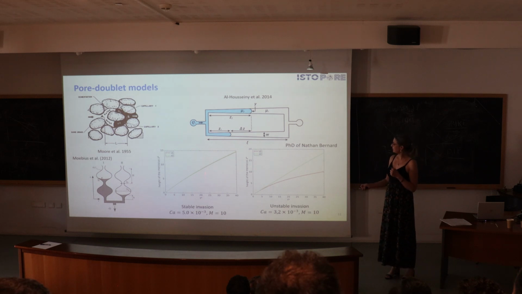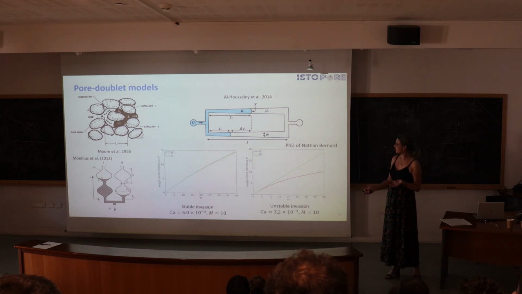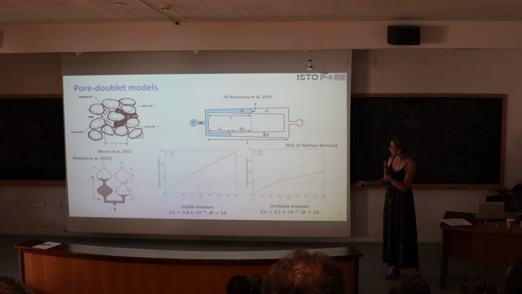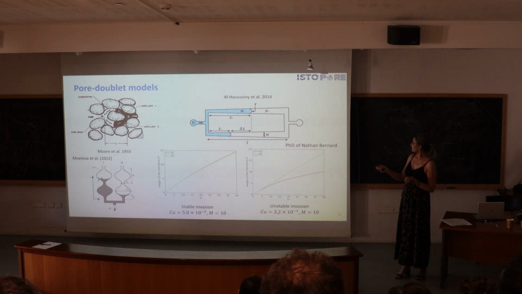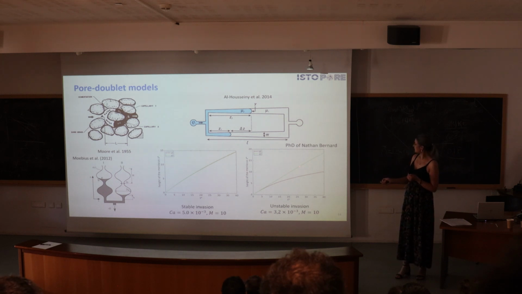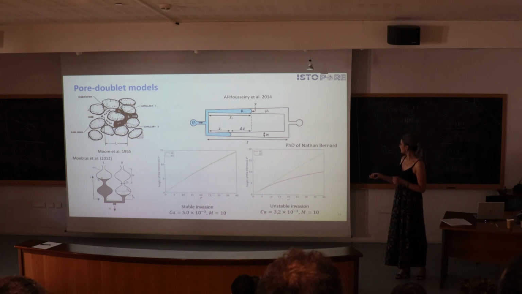Here, for example, it is for this geometry when you have a stable invasion, so both channels can be invaded at the same rate, and you have the two positions superimposed. Or you can have an unstable invasion, where channel 2 is invaded and the other interface is invaded less rapidly.